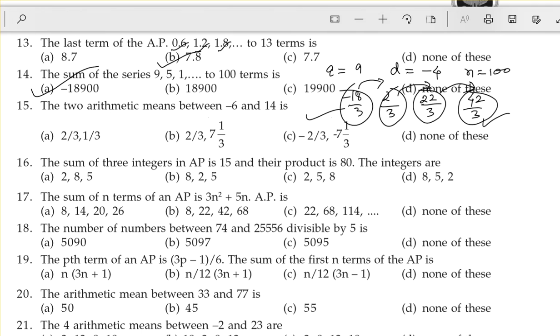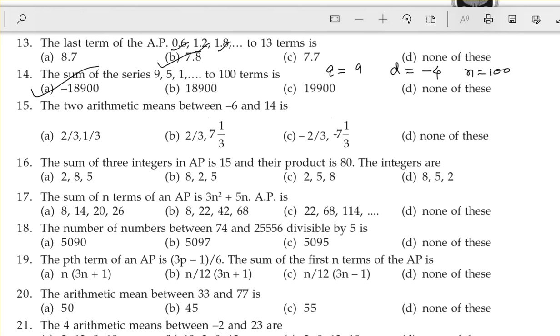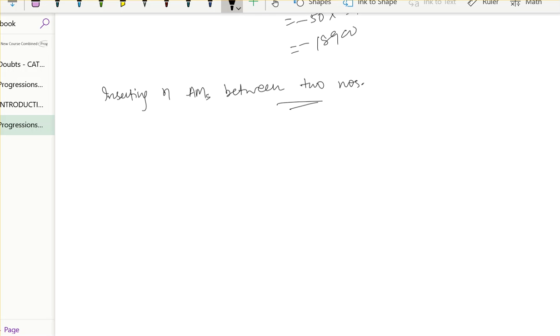So now I am telling you the process of how to find an arithmetic mean between two numbers, a and b.